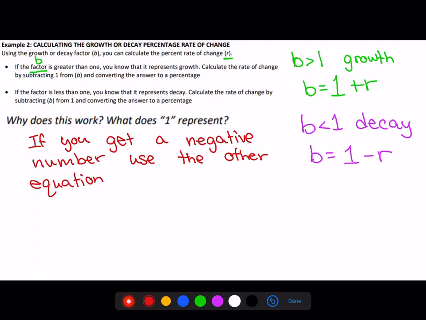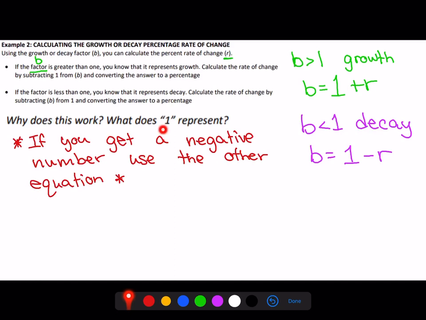If you do, switch the equation that you're using. So for instance, if I say that B is equal to -4 and I get R is equal to -5 as a result, I switch whatever problem I'm doing and go down to this other one. So again, if you get a negative number, just switch equations. That's the big hint here.